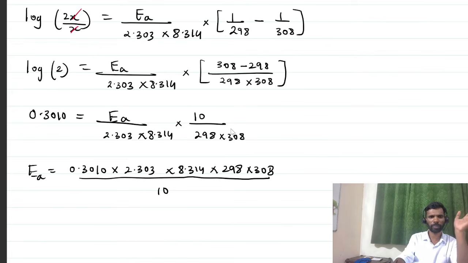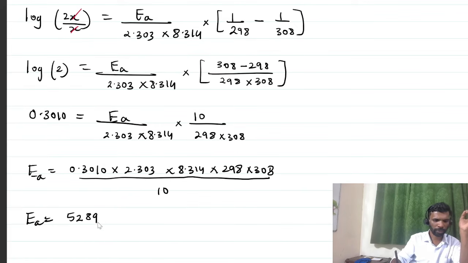That will be the answer. Finally, after solving this part, EA comes to be 5289.7 joules per mole.